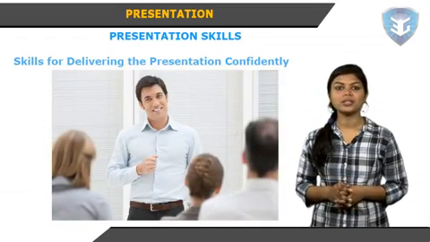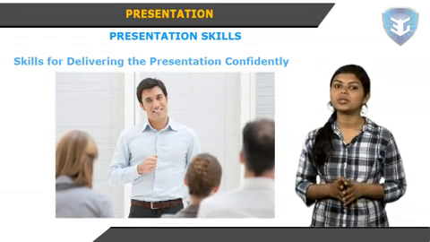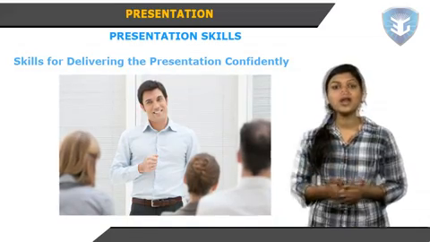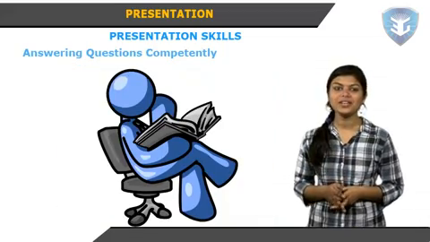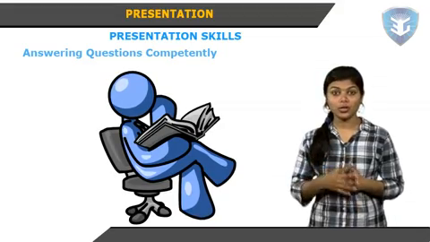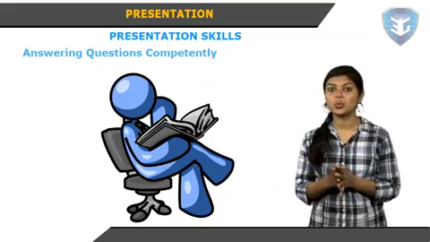Skills for delivering the presentation confidently. After that, it is important to think about how you are actually going to deliver a presentation. Answering questions competently. Finally, it is important that we have the confidence to interact with the audience and deal with any questions that your audience might throw at you.